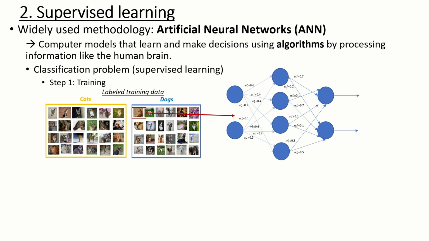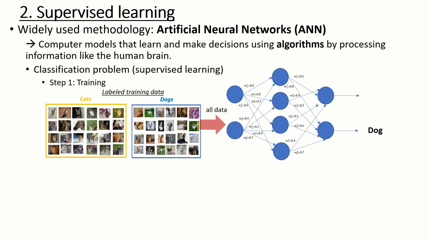And we do the same with the next figure. We propagate it through the network, and we know that this should be a dog, and we adjust the weights such that the next time we're going to have the very same input, it will increase the likelihood to classify it as a dog.